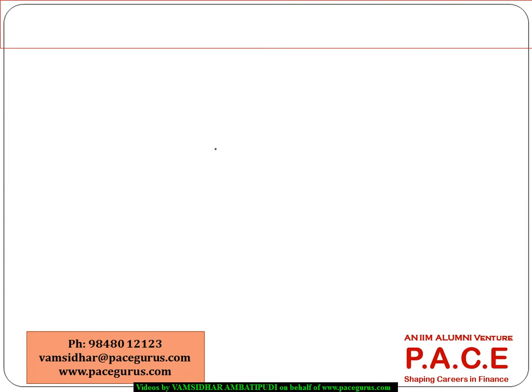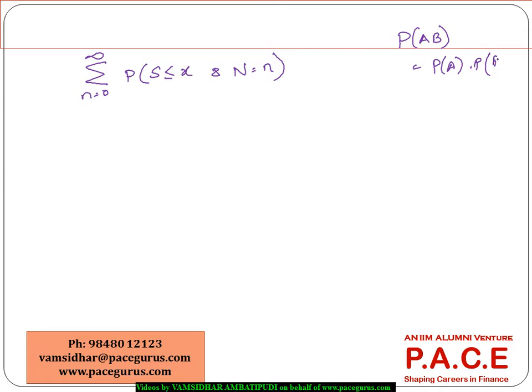So which means I could have very well written that as the overall summation, n equal to 0 to infinity, probability of S less than or equal to x and n equal to n. So this is what is directly coming out as the probability, and on the other side I could very well write joint probability P of AB as P of A times P of B given A. The same thing I will apply here.